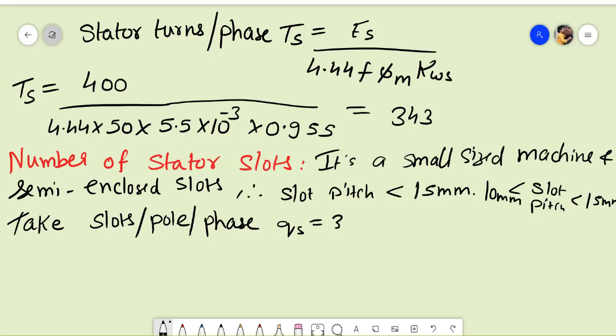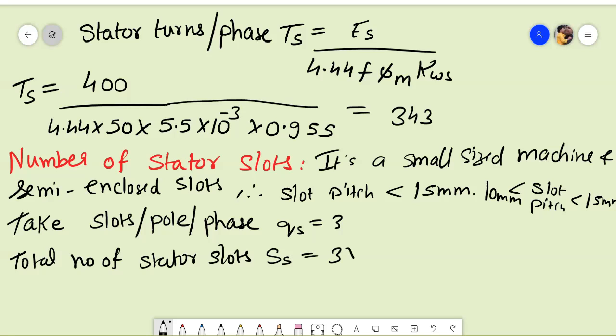Because we have 3 phase, so we can take slots per pole per phase QS equal to 3, and total number of stator slots, which can be given by SS, is equal to 3 into 4 into 3, that is equal to 36.